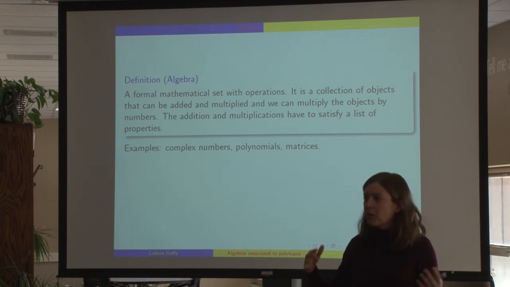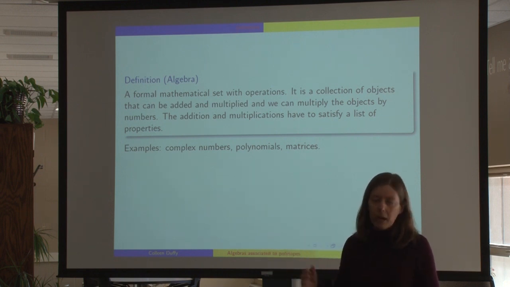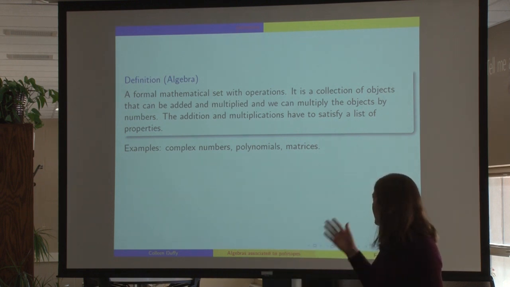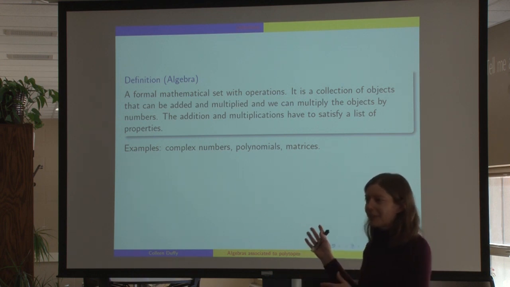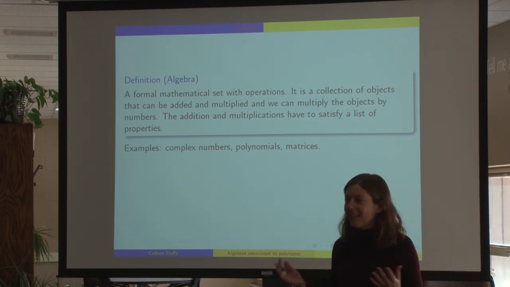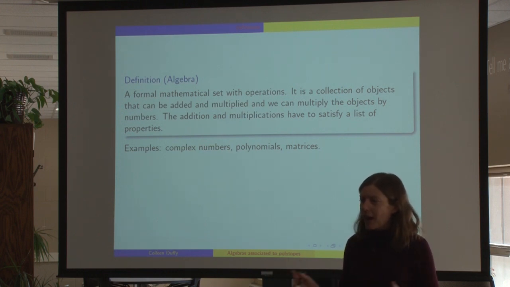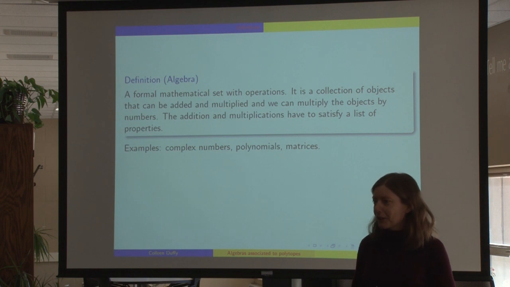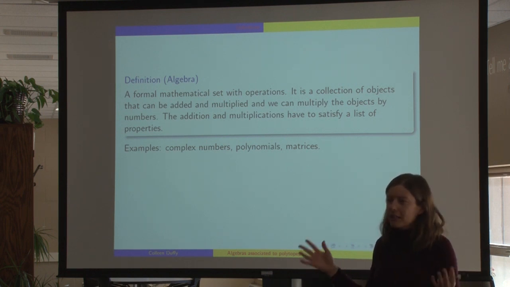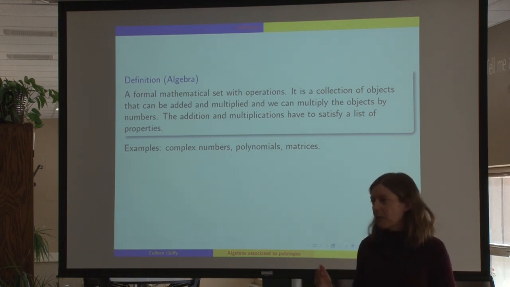So, you know, we have x plus x is 2x, so we can write 2x down. And then the addition and multiplication have to satisfy a long list of properties, which I decided not to put on the screen for you, like the distributive property, associative property, if those words mean anything to you. So if I satisfy all of them, then I am an algebra.